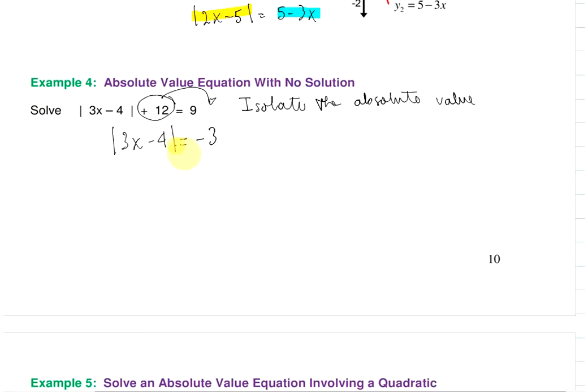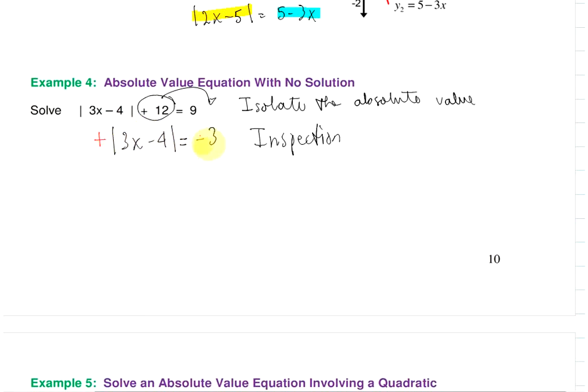All right, now remember, we can use inspection when we have something as simplified as this to solve. You notice we don't have a binomial on the right-hand side of the equation, so we can use inspection to determine whether we have a solution or not. Now remember, absolute values always come out as a positive number, so this side is positive.